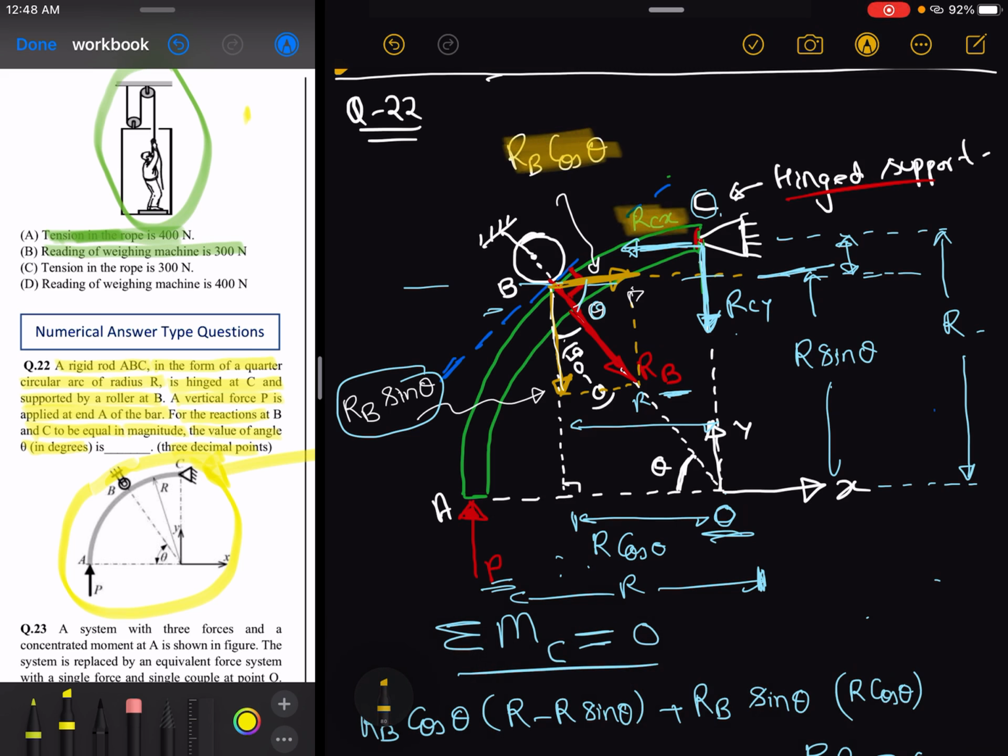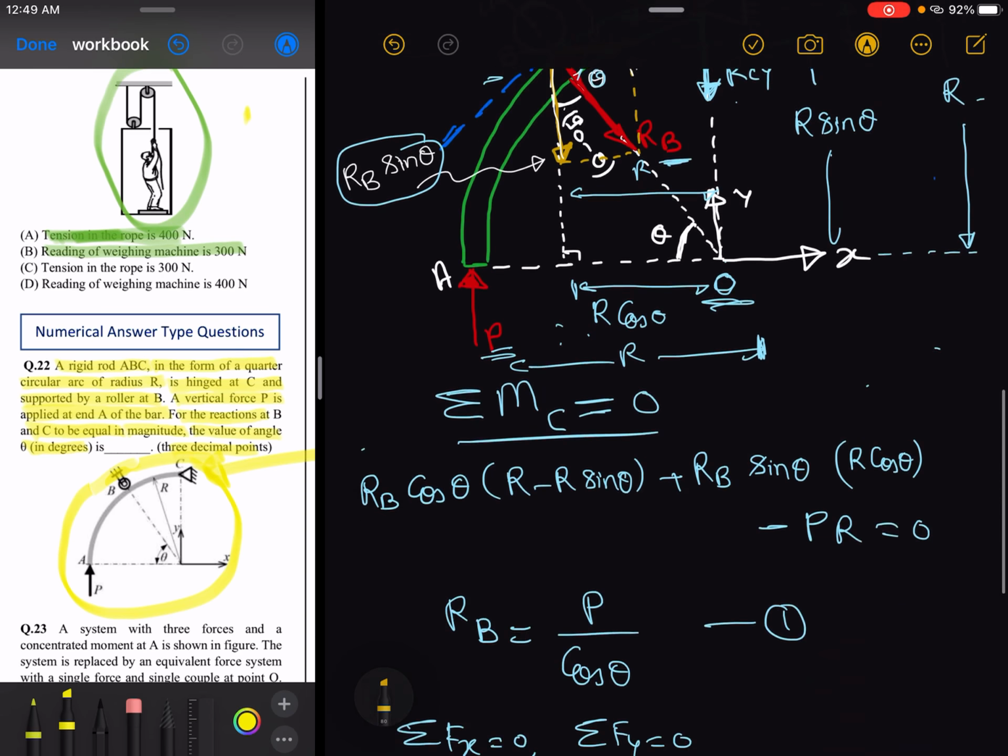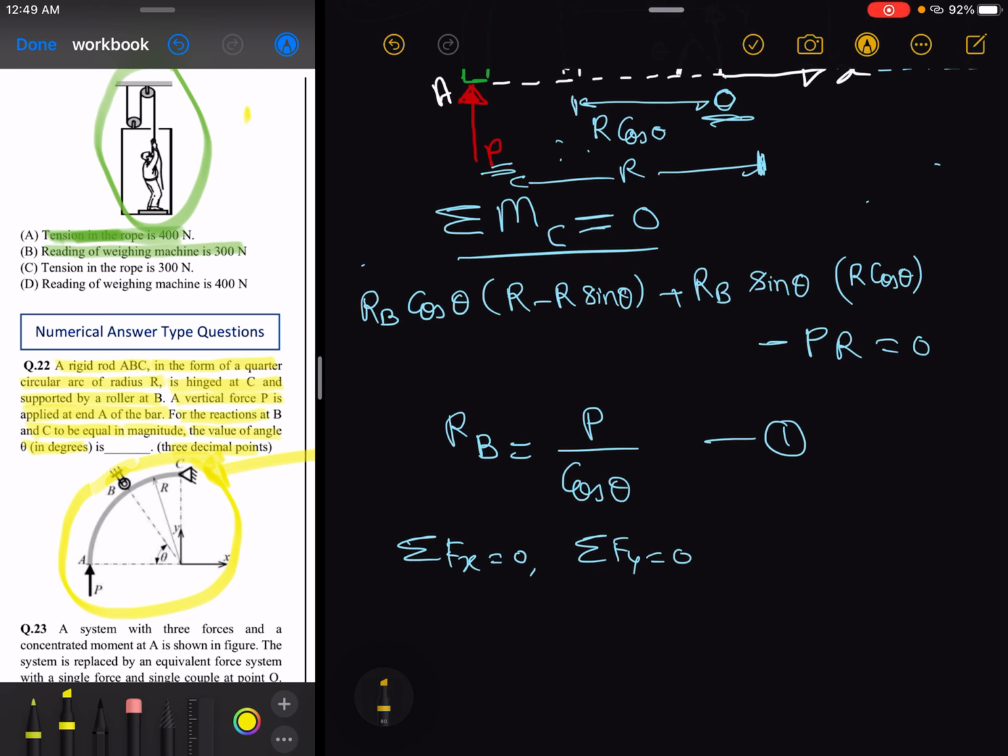Only these two forces are there along the x-axis. Clear? So we are using this Fx equals 0 first.